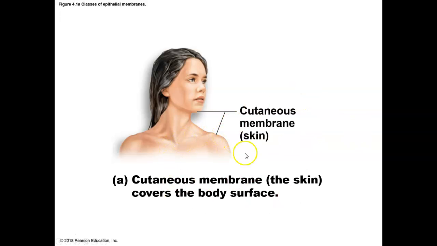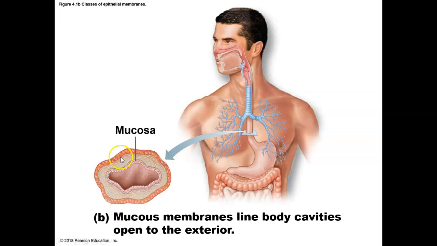So here is your cutaneous membrane from your textbook. And then here is the mucous membrane going in through the mouth and the trachea, so pharynx to the trachea to the bronchi. And then here you can see it also moves into the esophagus.